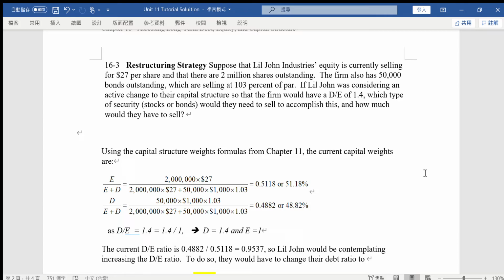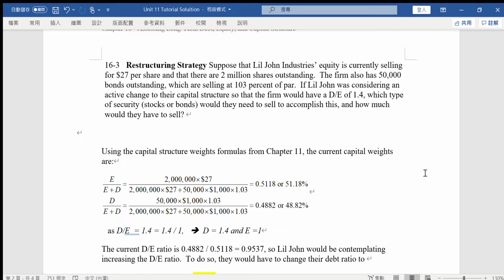If Soluition was considering an active change to their capital structure so that the firm would have a debt to equity ratio of 1.4, which type of security would they need to sell to accomplish this, and how much would they have to sell?